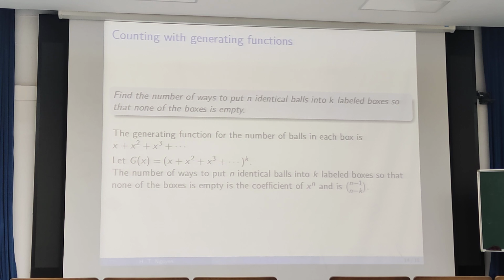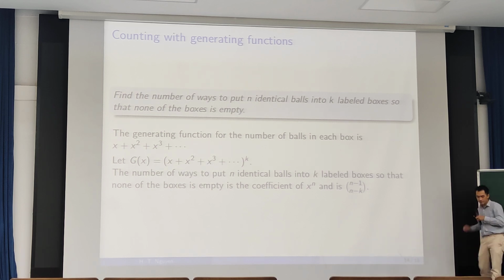Okay? Now this looks familiar. It's the Maclaurin series. And you can write it as x to the power k times 1 minus x to the power minus 1, to the power k, and it becomes x to the power k times 1 minus x to the power minus k.